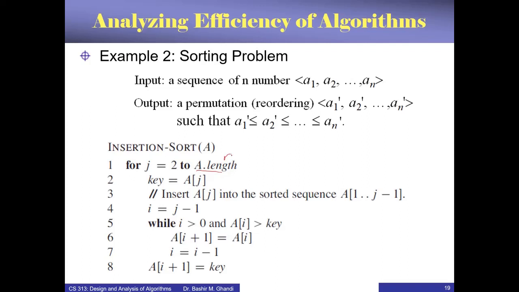When it is equal to a dot length, which is equal to n, the condition is still true, so it will execute the body, and then it will be incremented by 1. So j will be n plus 1. At that point, the condition will be false, because then j will not be within the range 2 to a dot length. The final value of j will be n plus 1.